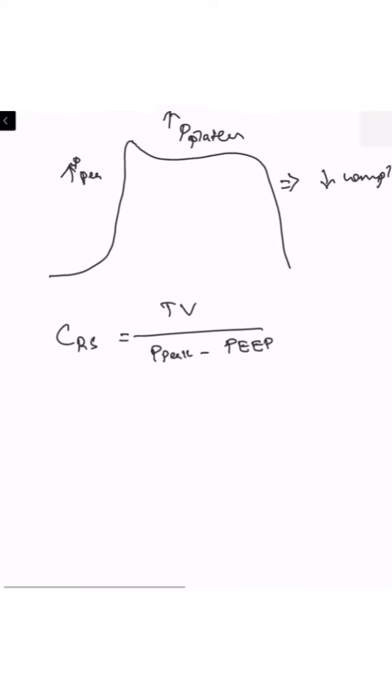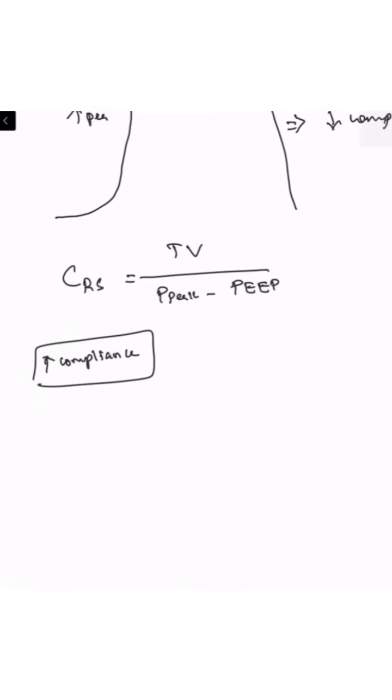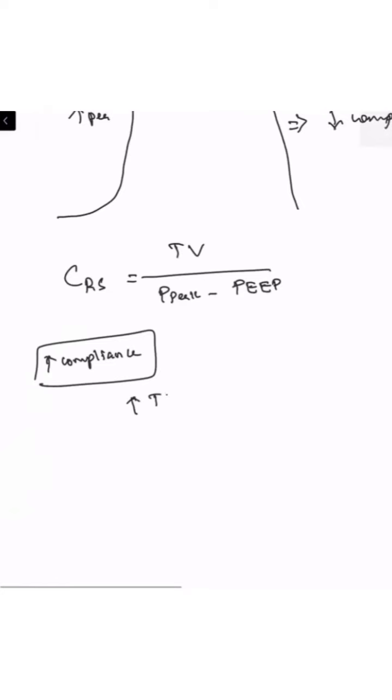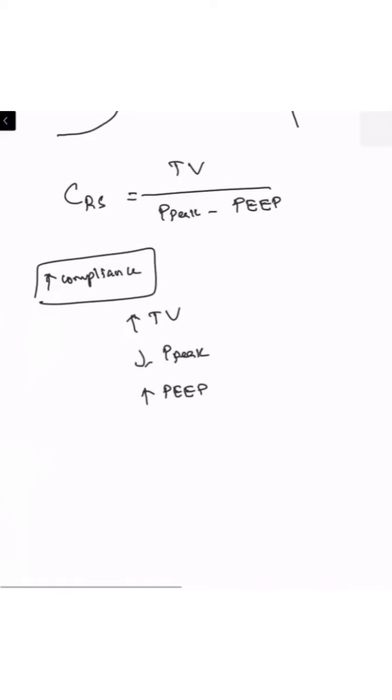So if you need to increase the compliance of the lung, that means, in order to increase the PaO2 or correct the hypoxia, you have different methods of executing it: by increasing tidal volume, or by reducing the P peak, or by increasing the positive end expiratory pressure. So by increasing the tidal volume, you can correct the hypoxia.